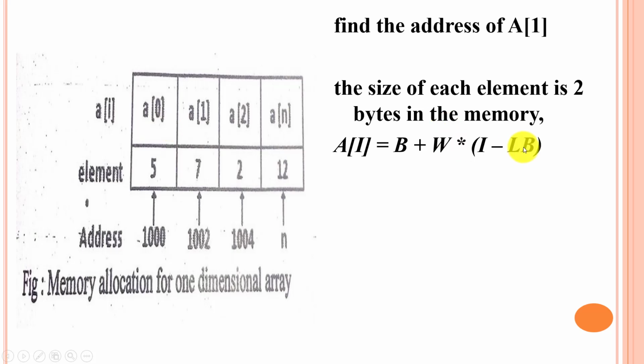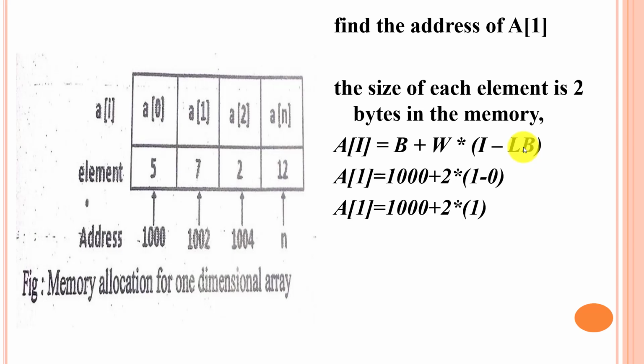So A of 1 is 1000 plus 2, which becomes 1002. In this diagram you can see A of 1 is at 1002.